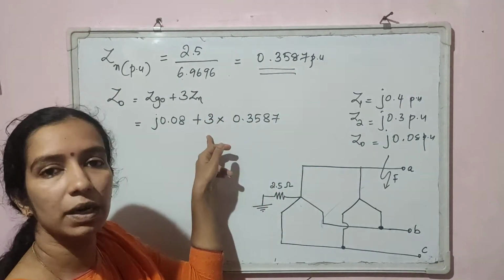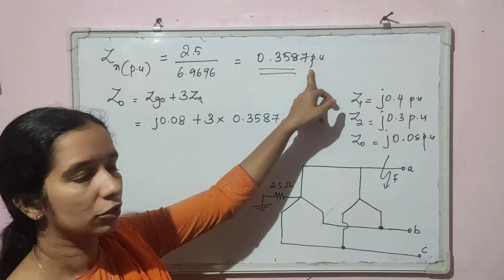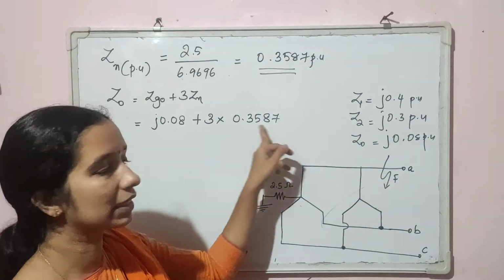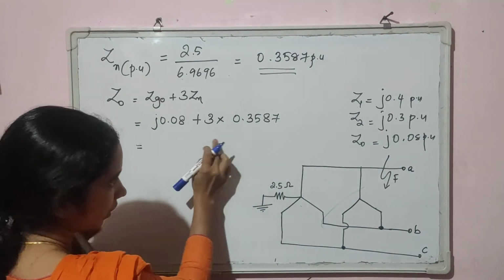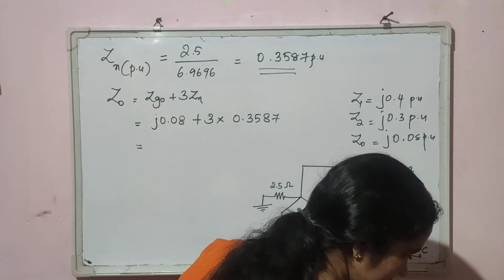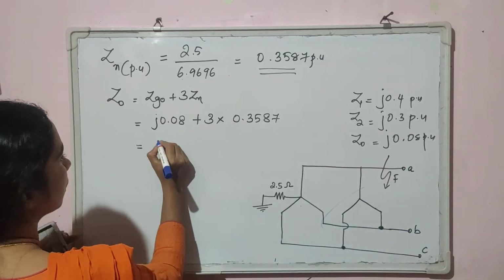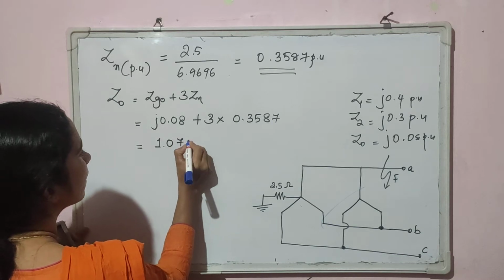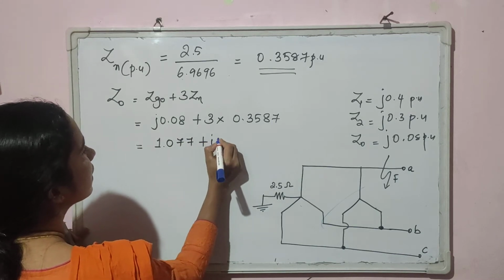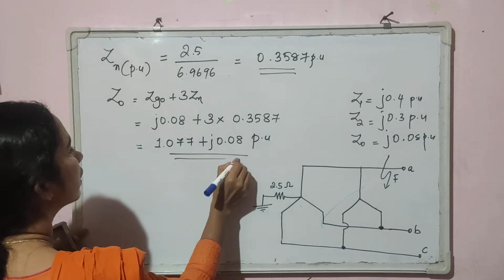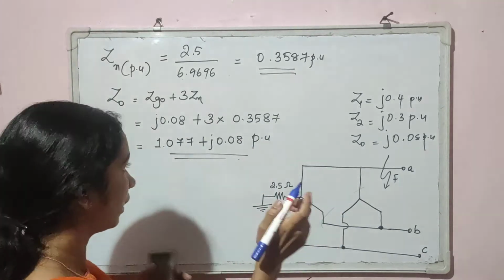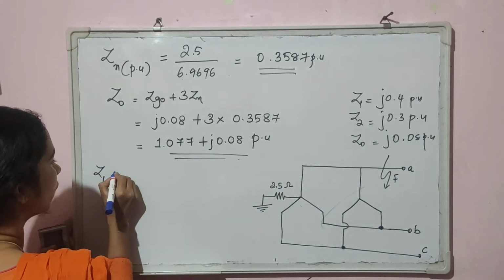So don't put a J here. This is a resistance term. So we will get 3 into 0.3587 becomes 1.077 plus J 0.08 per unit.